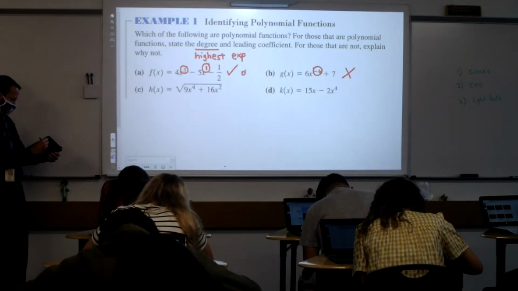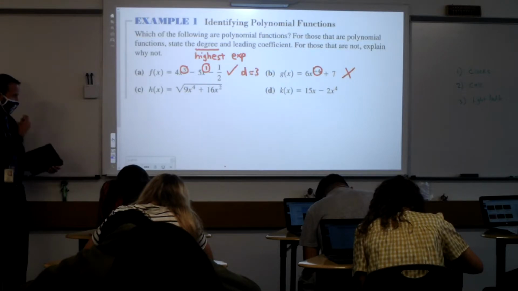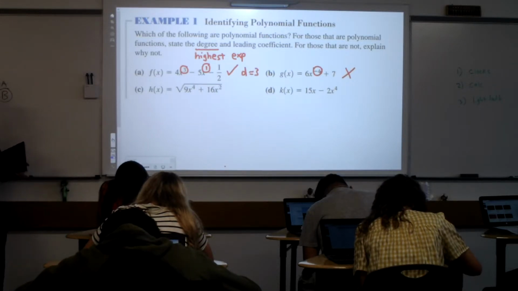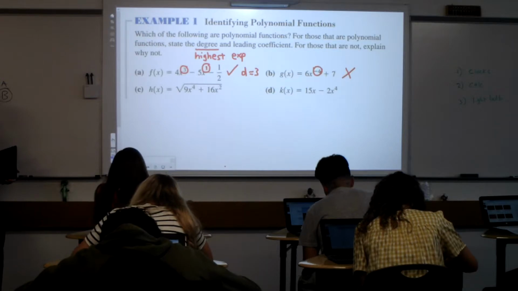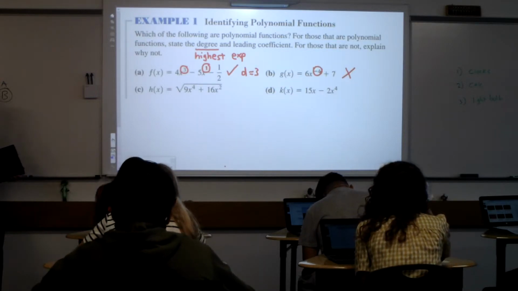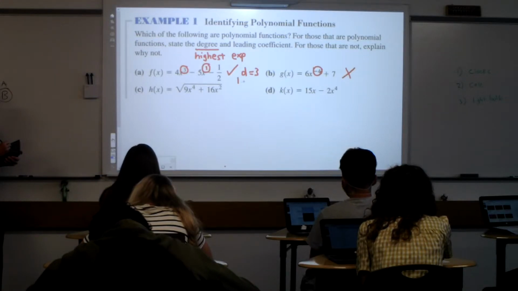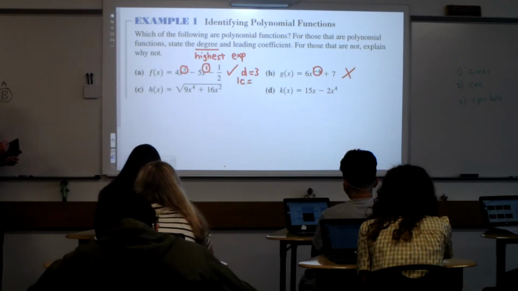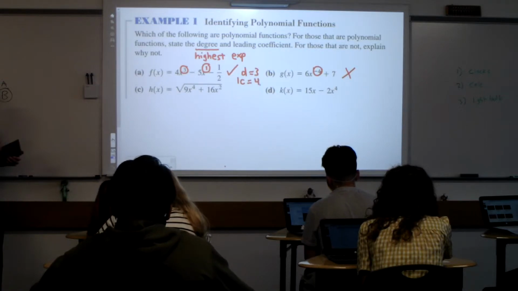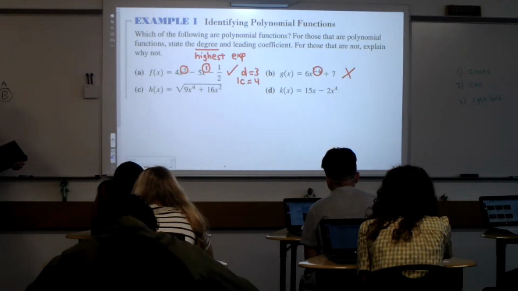So I want to put the degree is 3. We would call that a cubic. Maybe you haven't learned that yet, and that's okay. The leading coefficient is going to be the number out in front of that term, which is what? 4. Good job.